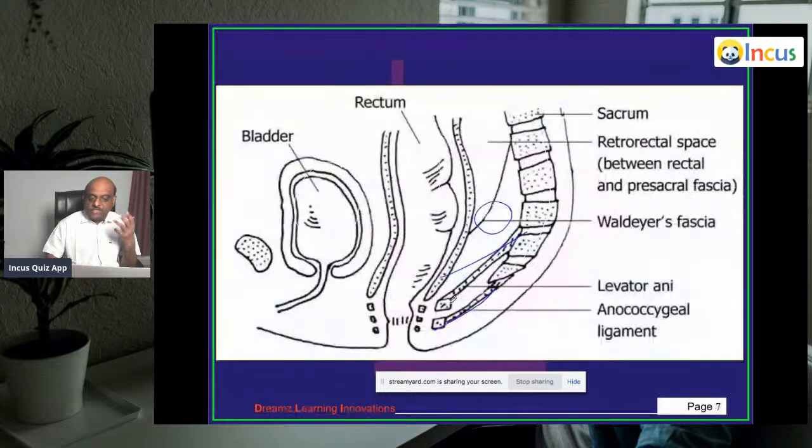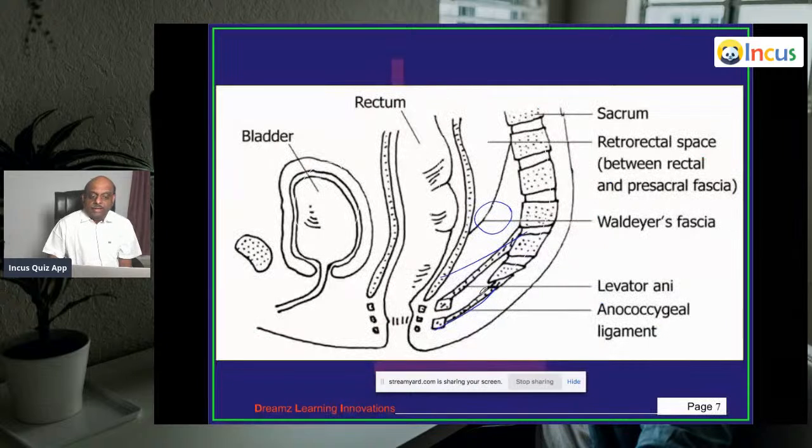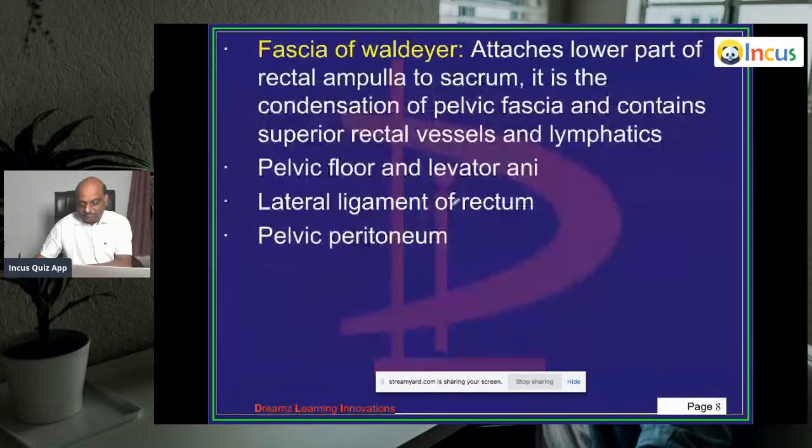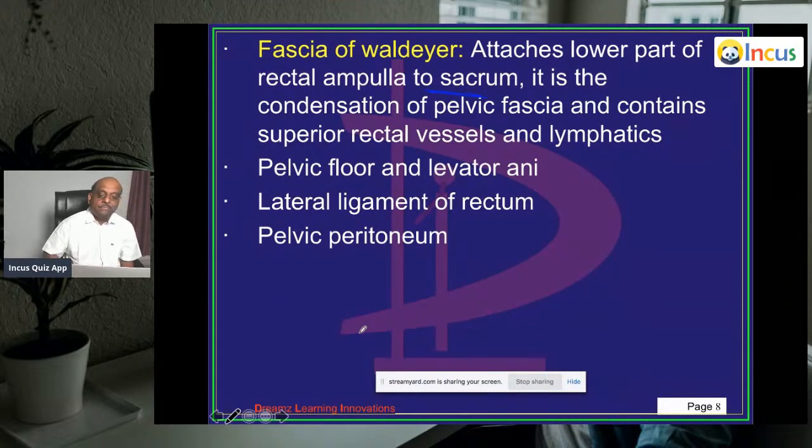So what is this fascia of Waldeyer? From where it starts, where it attaches, what is its surgical significance, everything you should be sure of. It attaches to the lower part of the ampulla of the rectum. From there to the sacrum, between the two, it is a connecting string, which is what you need to remember.